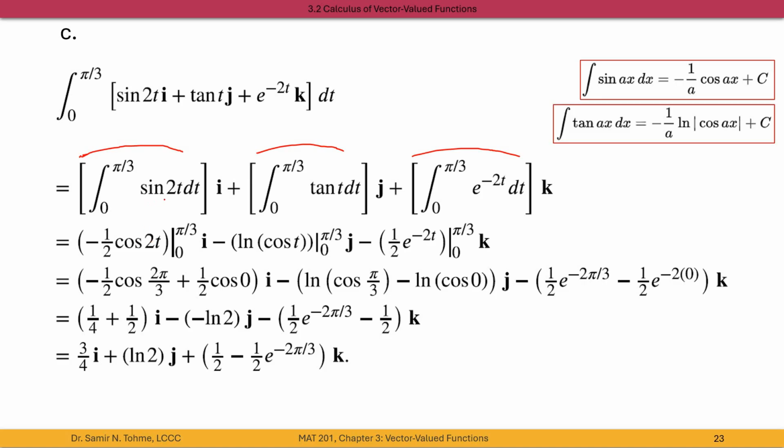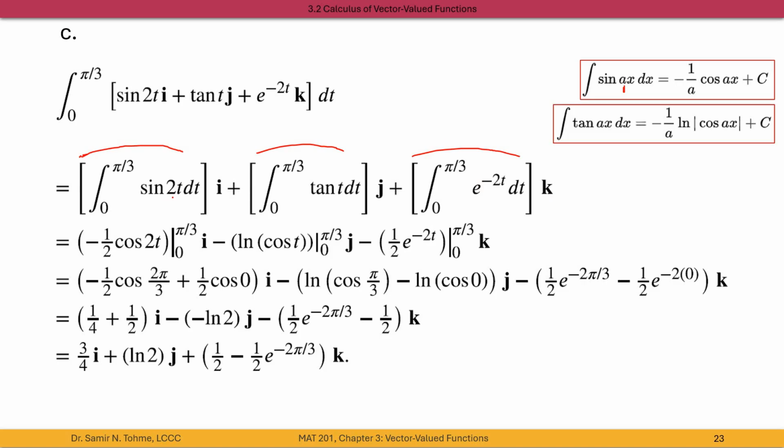Okay, the first one is sine 2t. We want to integrate sine 2t. We know from before that the integration of sine ax, where a here is a scalar, is a constant, and if we do the integration of sine ax with respect to x, dx, it is equal to minus 1 over a cosine ax. So let's apply this formula.